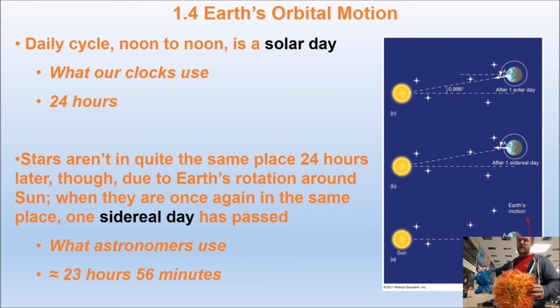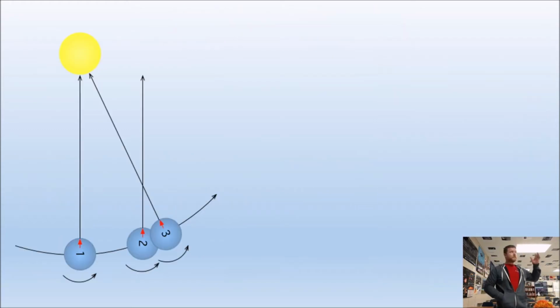That is about 23 hours and 56 minutes. And because the Earth has moved in its orbit, it has to turn 4 more minutes to get the sun back directly overhead. This 360 degree rotation, that's known as a sidereal day. 4 more minutes, 24 hours, that's a solar day to get the sun back where it started.